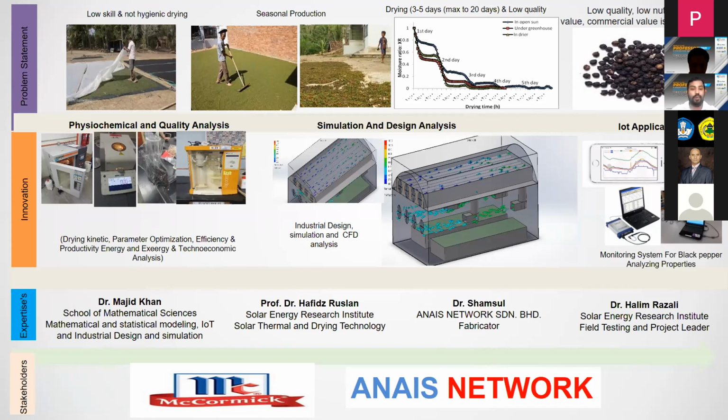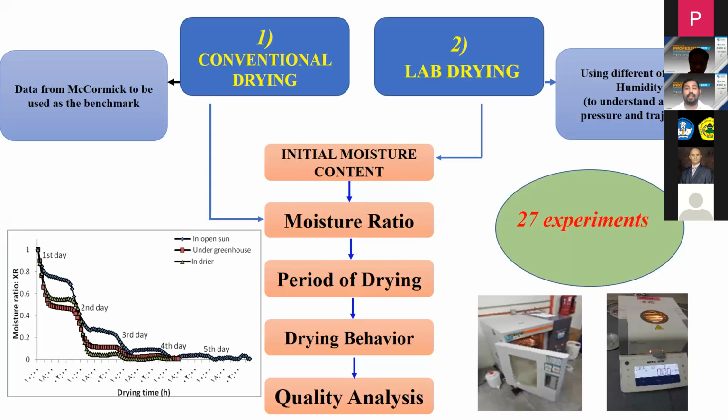So that's why we are involved with a lot of machine learning, and how we use that machine learning in agriculture, and finally what we're going to do after we get the data from the sensors. Okay, so basically, first of all, we will compare with conventional lab drying, in which we use a lot of sensors.